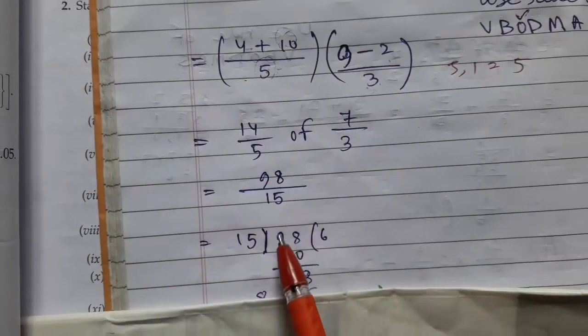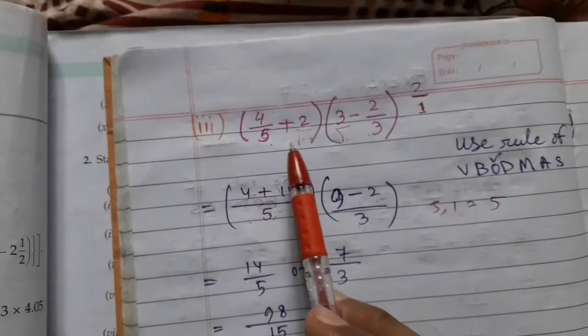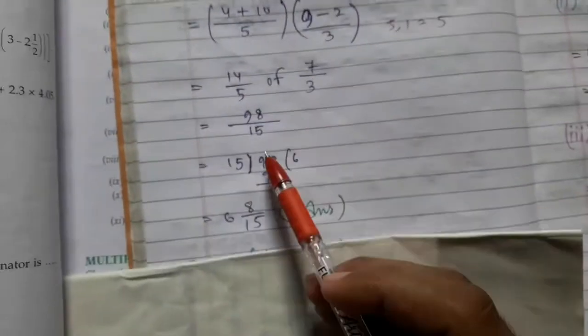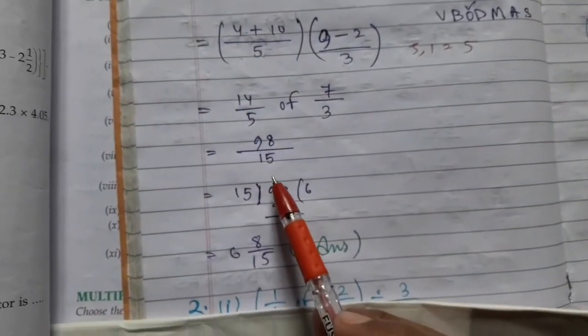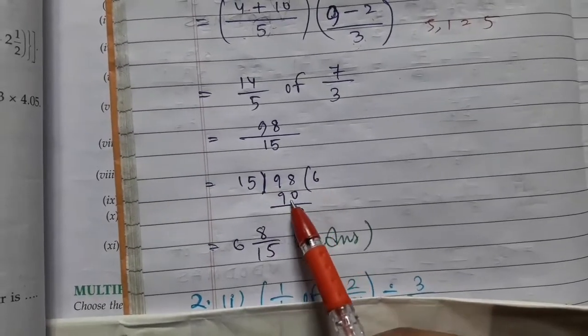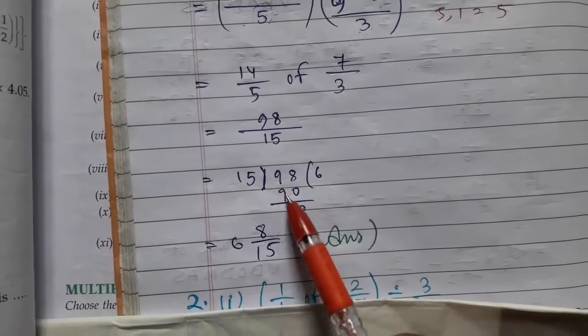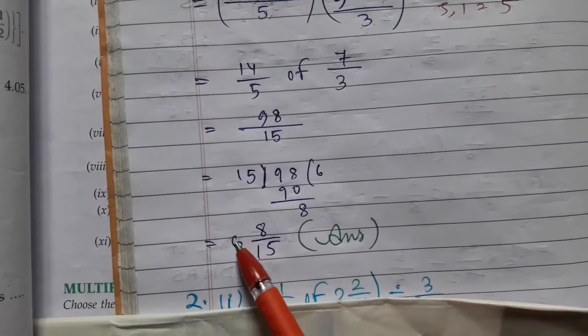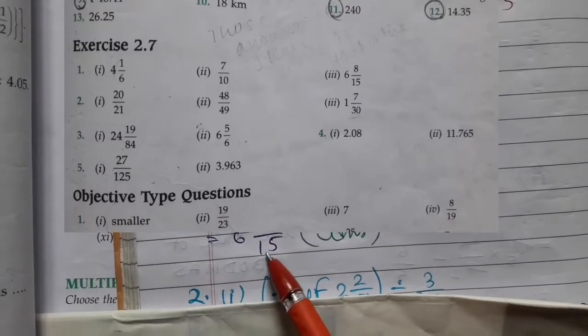Improper fraction, convert it to mixed fraction. 15 6 is 90, subtract it, 8, so 6 8 by 15, answer.